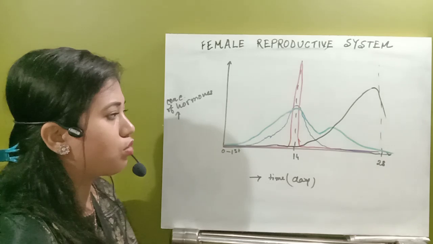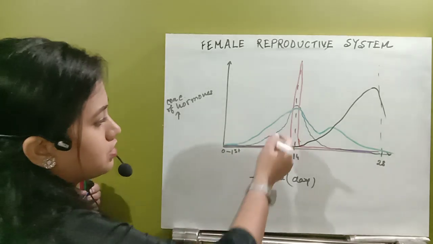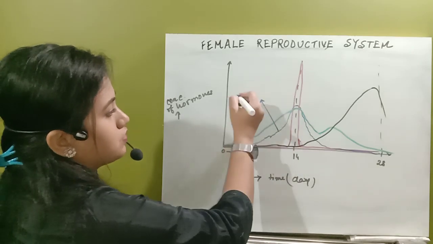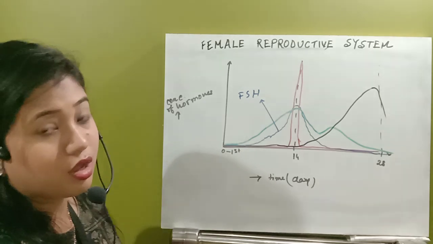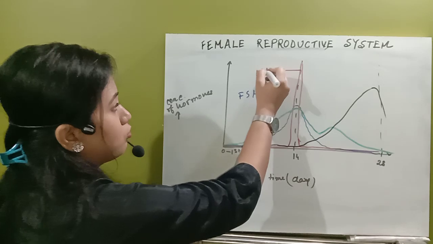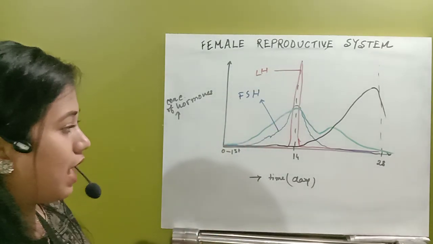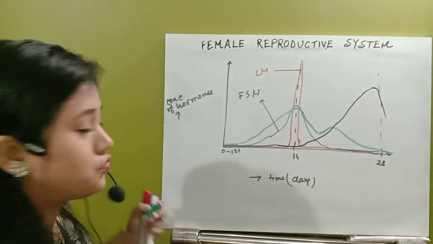If you see all these hormones, once again I will just mark all of them. First of all, this blue colored graph is for the hormone FSH. This red colored hormone is released for only one day, that is LH hormone. Next one, estrogen. Estrogen is released from the Graafian follicle as well as the corpus luteum.